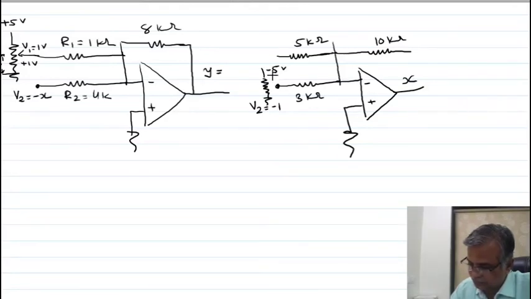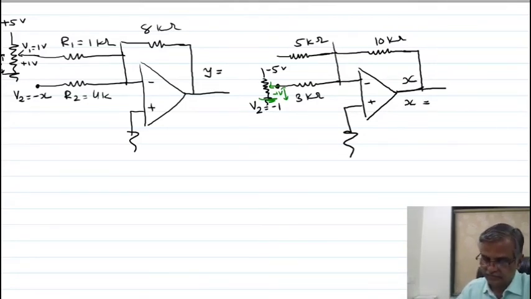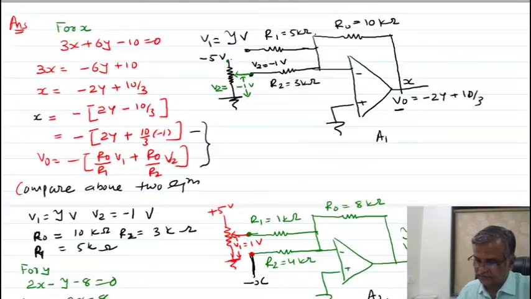Minus 5 volt. Here you have given the potentiometer circuit. So between ground and this point you will get minus 1 volt. Here at the output you will get X. Here is Y. Look here again.